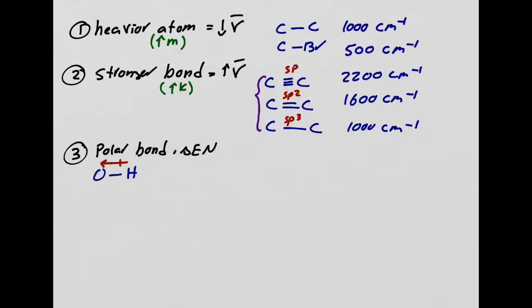Now, when you have a large difference in EN value, so you have a polar bond, what do you think is going to happen? You are going to absorb more energy. And because you are going to absorb more light, more energy, the peak size is going to be really, really large.